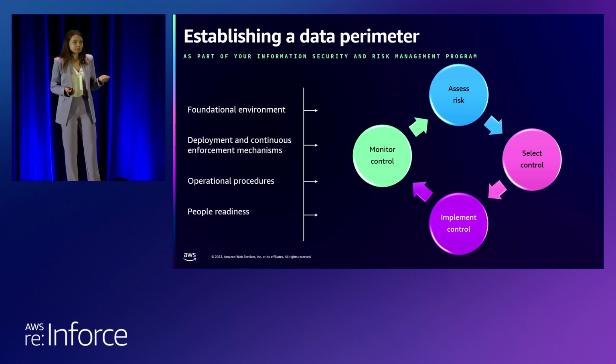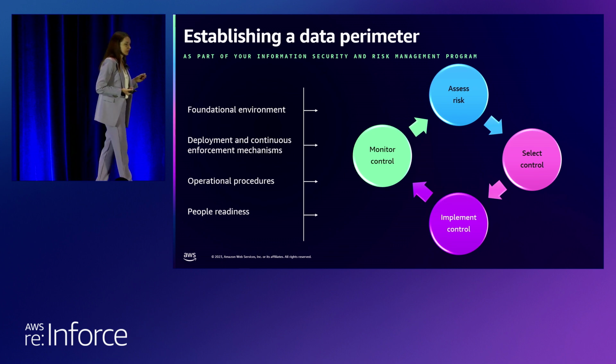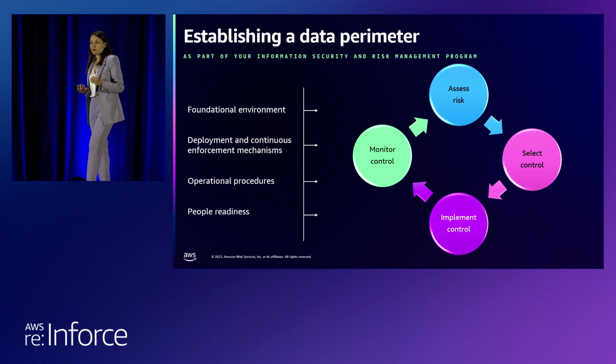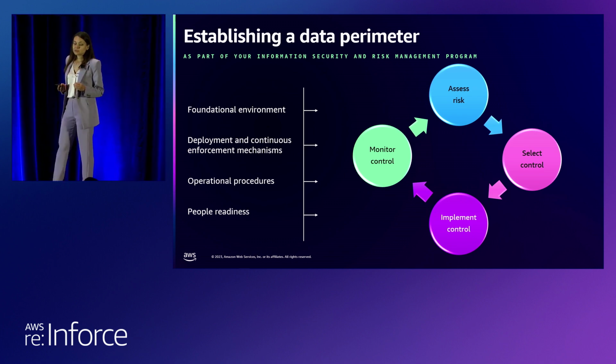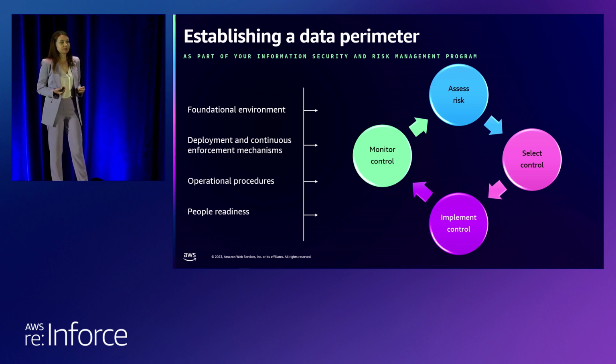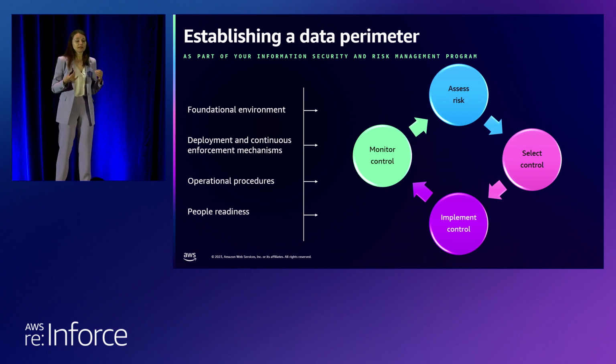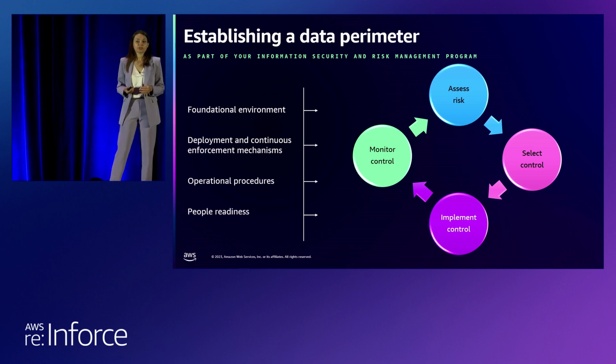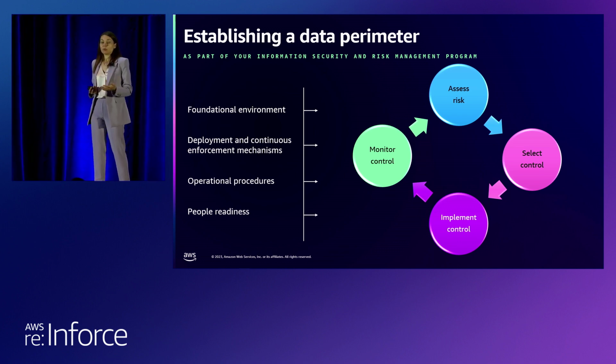But at a high level, in order for you to be able to enforce those coarse-grained controls, it is recommended that you have a very well-defined foundational environment built using the organizational structure that aligns with your security and compliance requirements. It is also recommended that that foundational environment is built and managed using scalable deployment mechanisms so that you can continuously deploy and manage those controls across your entire organization. And like with any other security control, data perimeter control should be incorporated into your operational procedures and people readiness activities.